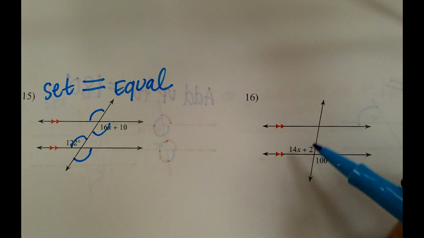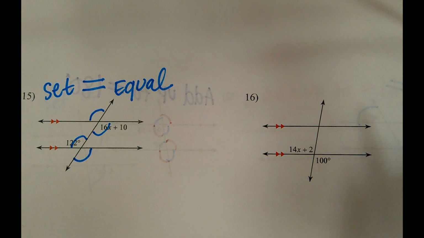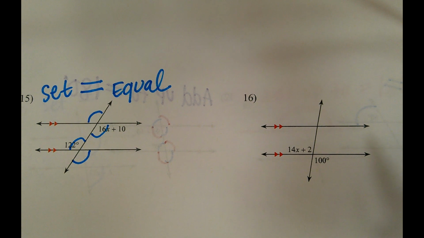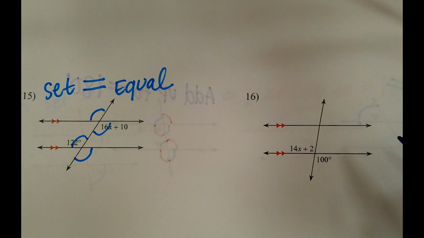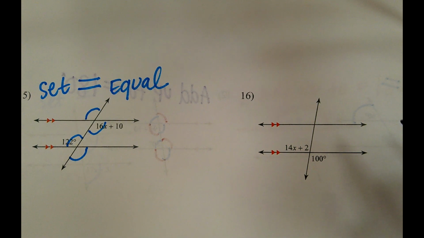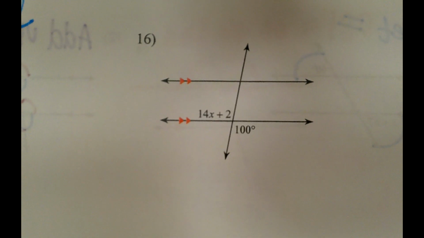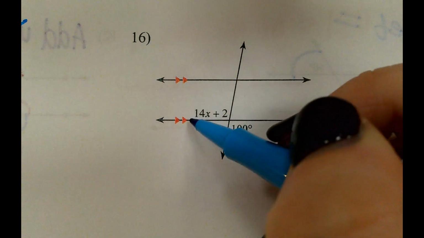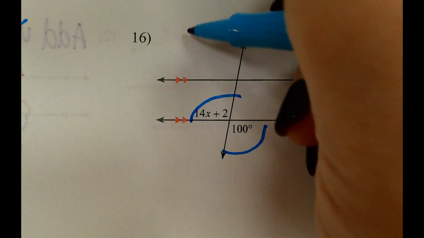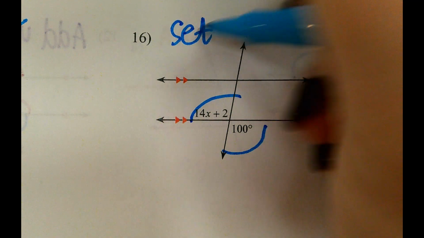Are these equal to each other, or are they going to add up to 180? Equal. These are vertical angles. They're right across. When that's the case, we set them equal.